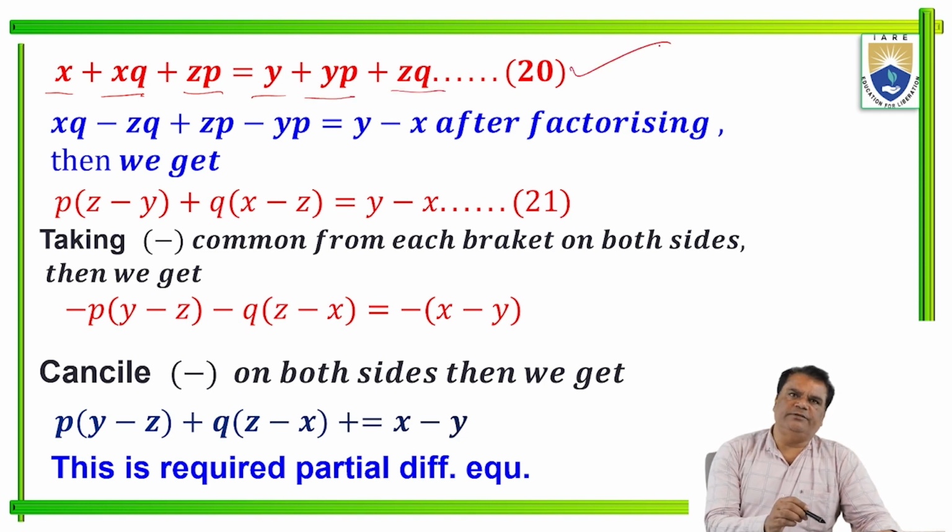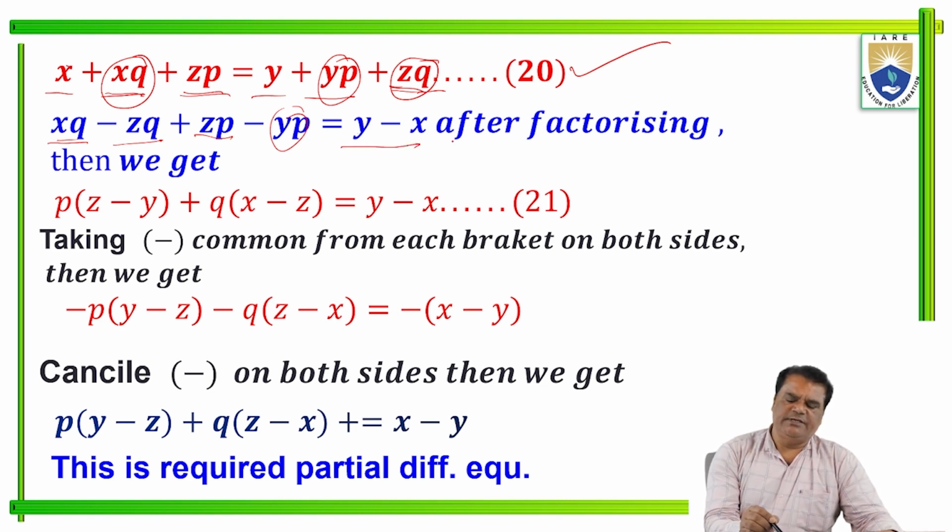This is equation 20. Taking similar terms to one side: q is common in xq and zq, and p is common in zp and yp. So I write xq minus zq plus zp minus yp equals y minus x, taking x to this side.